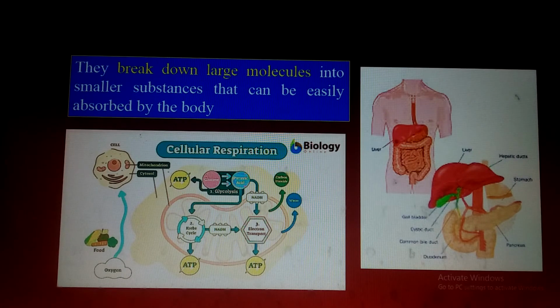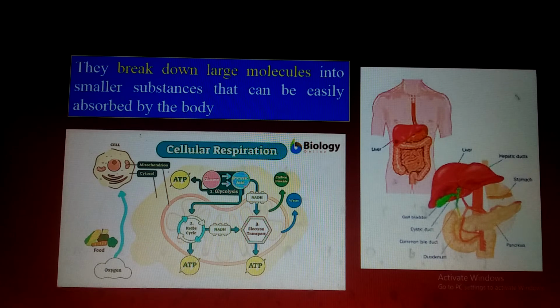Now, the third one, they break down large molecules into smaller substances. Like during digestion, what will happen? The protein, lipids, and many other carbohydrates like starch all break down into smaller molecules.